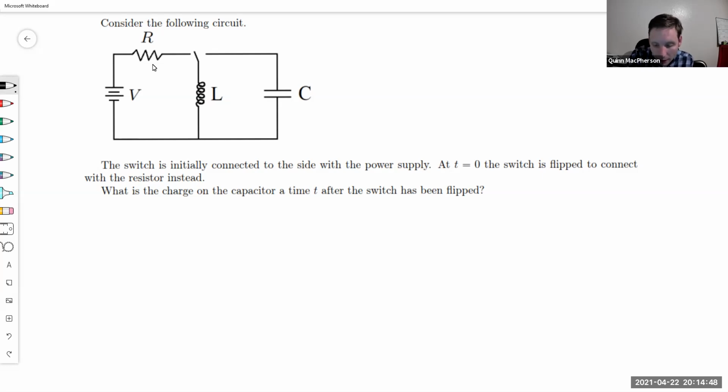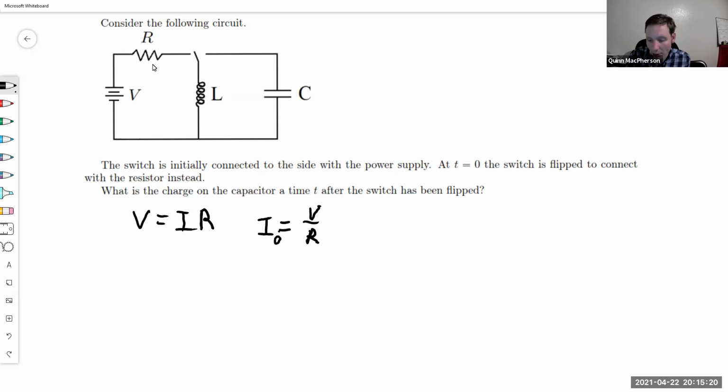So by V equals IR, the current I is equal to V over R. So before the switch is flipped, that's the current. We'll call this I initial, because after the switch is flipped, this is going to be the current, but that current will change over time.